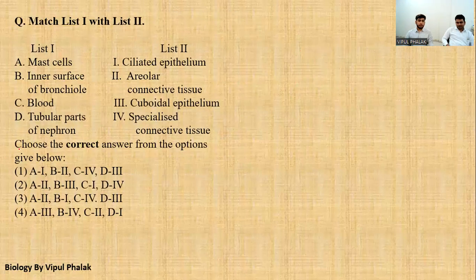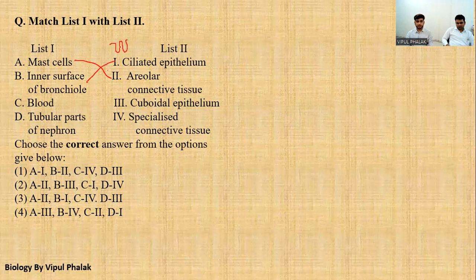We have given in list 1 some cells and in list 2 their tissues. Mast cells is an example of areolar connective tissues. Inner surface of bronchioles contains the ciliated epithelium. Structure of ciliated epithelium is like this.